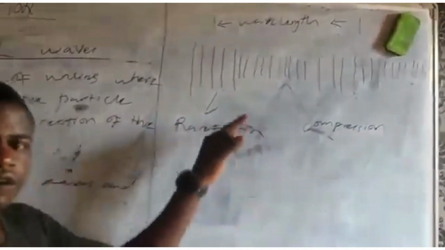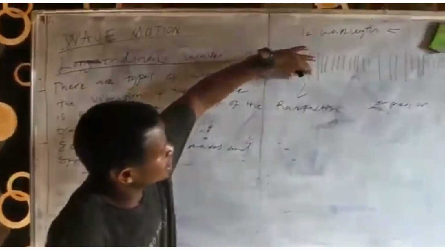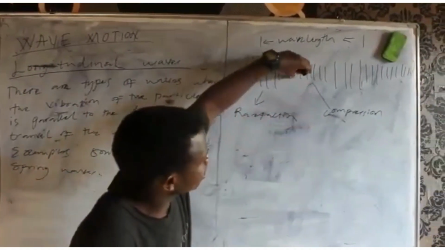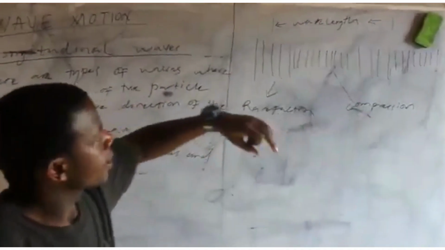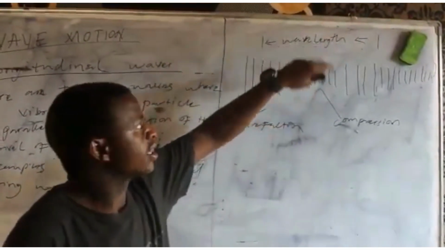So this is the structure of the longitudinal wave. As you can see, this region is referred to as the rarefaction. Then this part is referred to as the compression. Then the distance from here to here is referred to as the wavelength.